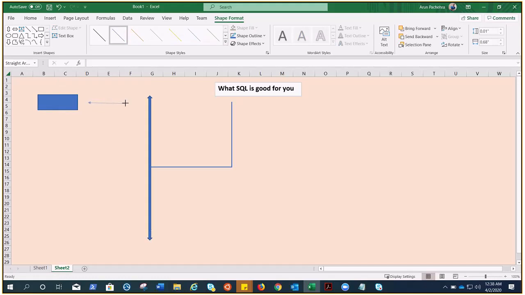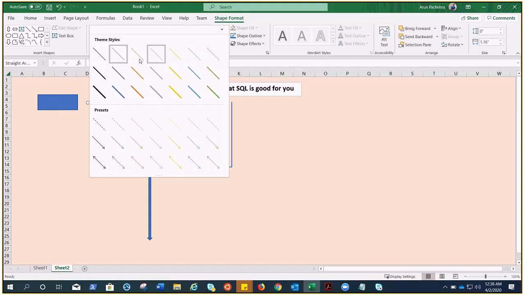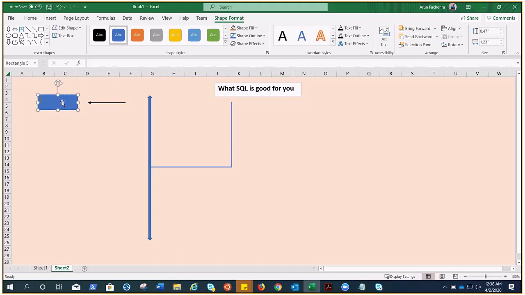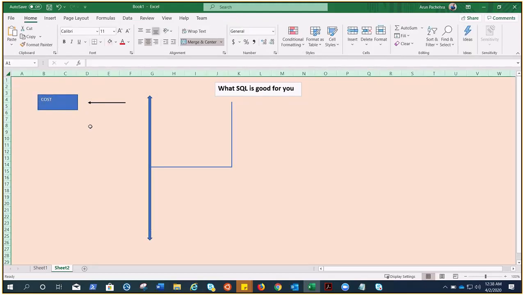cost. That is the first point. Cost. Now, everyone wants to save the money. They want the maximum profit. We all know that. Moving to the cloud is not just that everyone is going to the cloud, so let's go to the cloud.